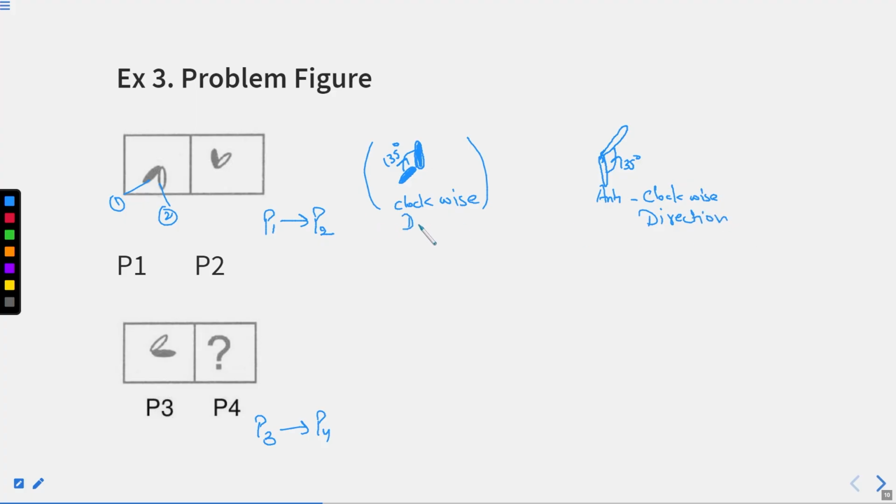Here as well, clockwise direction. So now you know that if the portion is shaded, we have to move it by 135 degrees clockwise, and if it is not shaded, we have to move it in the anti-clockwise direction by 135 degrees.